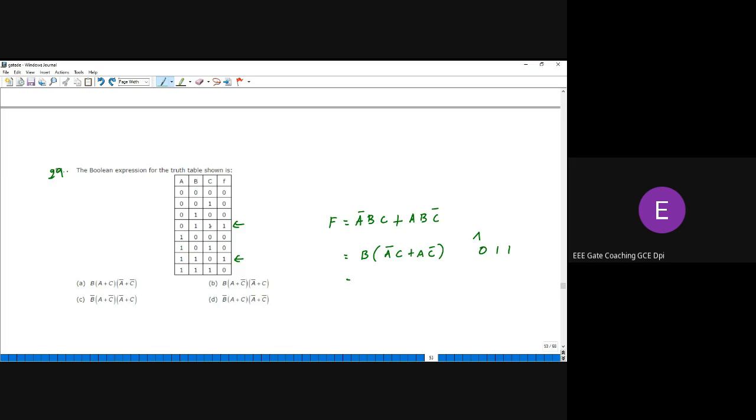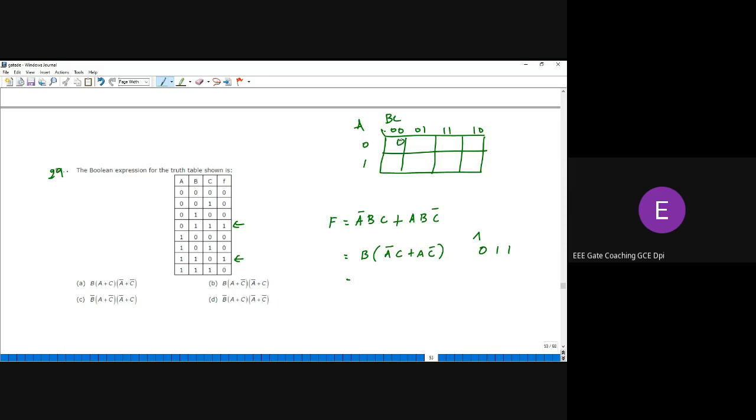B and C is 1. Okay. B, C, 0, 1, 0, 0, 0, 1, 1, 1, 1, 0.